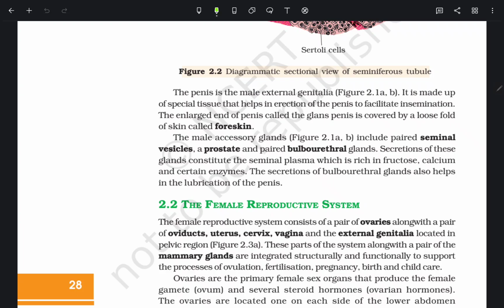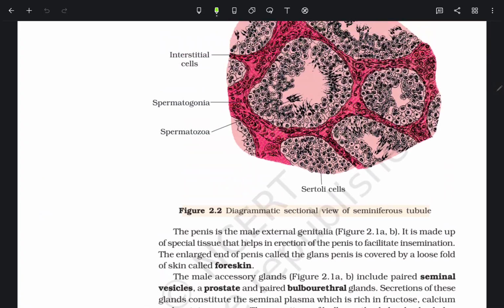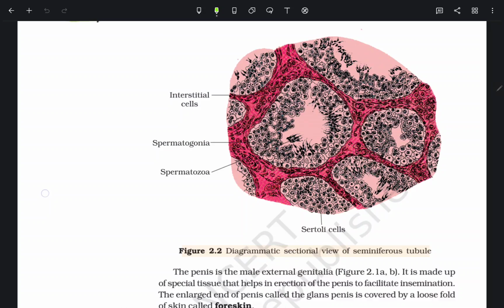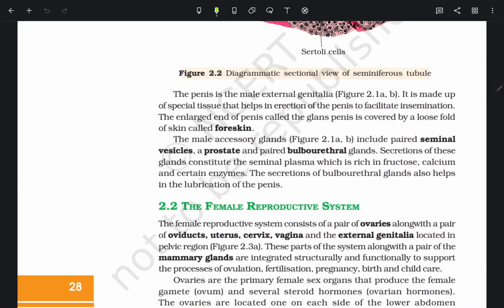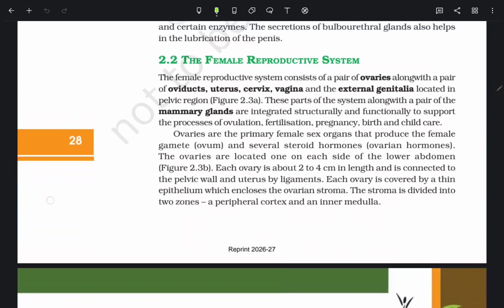The male accessory glands include paired seminal vesicles, a prostate, and paired bulbourethral glands. Secretions of these glands constitute the seminal plasma, which is rich in fructose, calcium, and certain enzymes. The secretion of bulbourethral glands also helps in the lubrication of the penis.